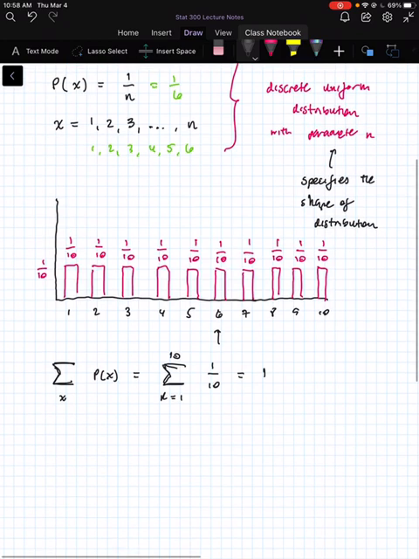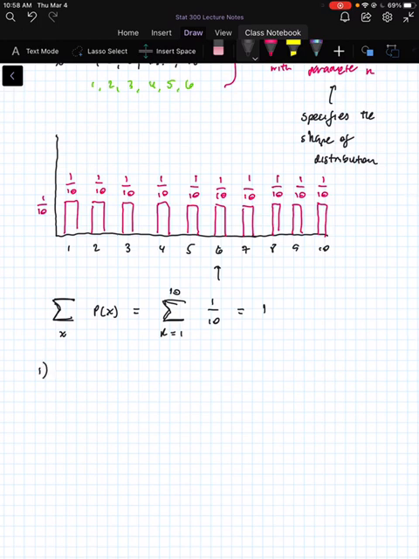And so for each of the 3 scenarios that we had, we have a discrete uniform distribution, which I'll abbreviate as disc uniform, with n equals 2, so 1/2 and 1/2 for heads and tails.